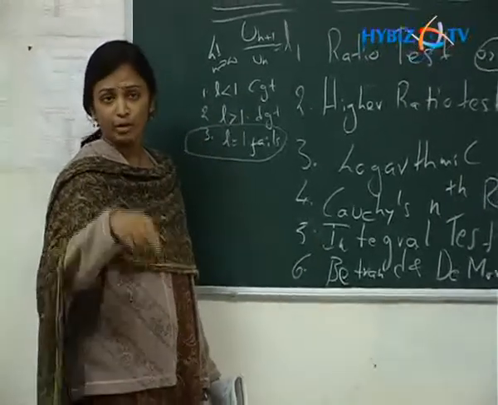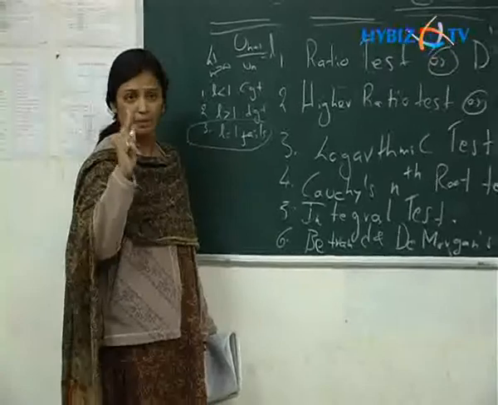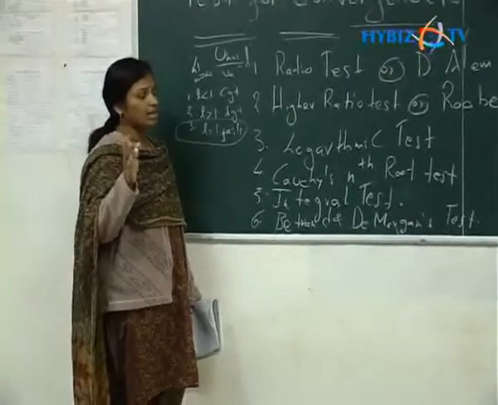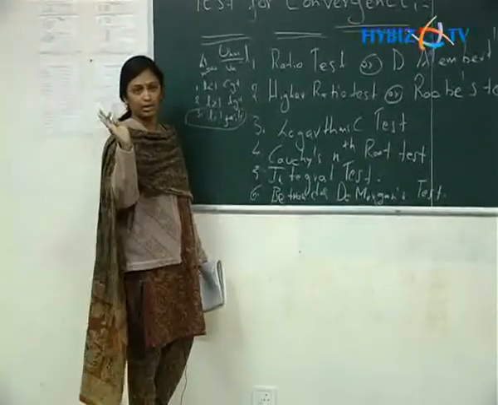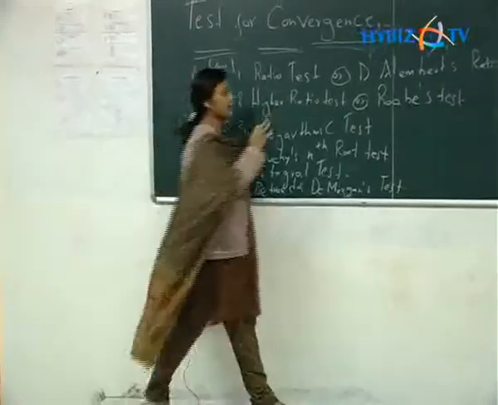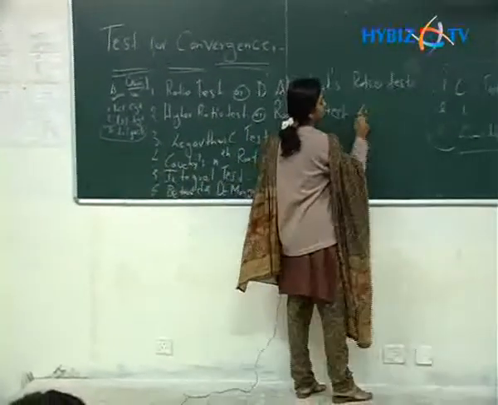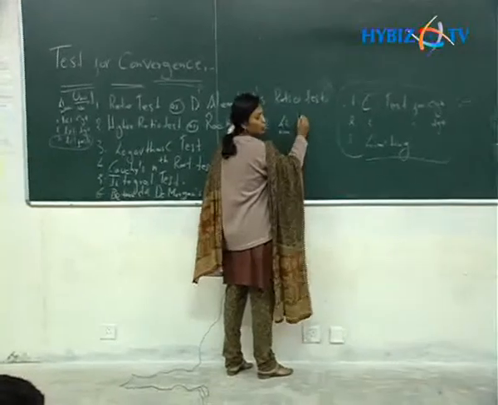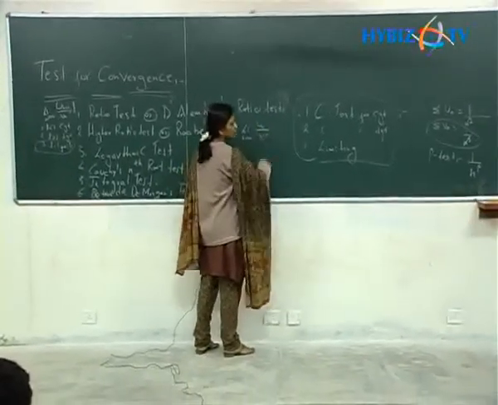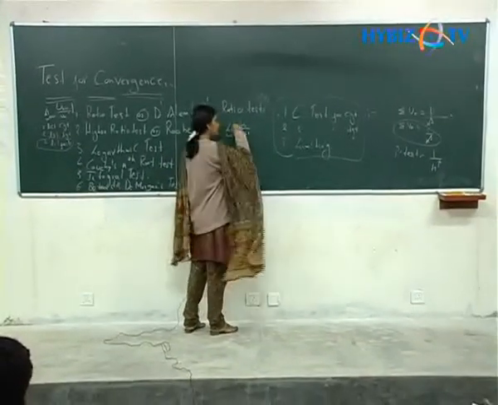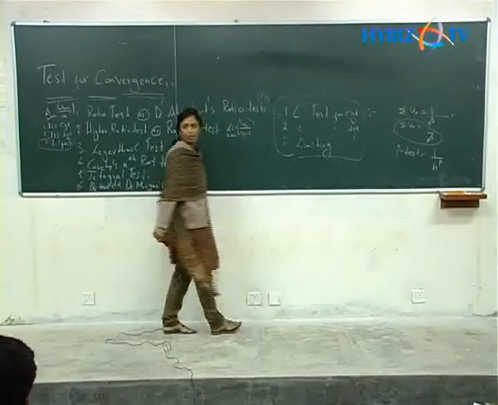Now you are going to apply the next test, Raabe's test. In Raabe's test, it is the same but inverse. Now what is the statement? Limit n tends to infinity un by un plus 1, or else you take n into some formula.